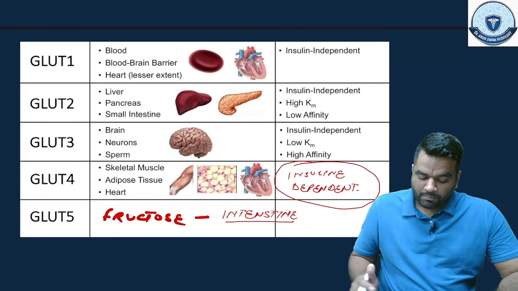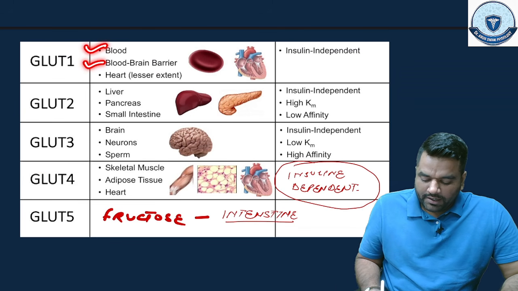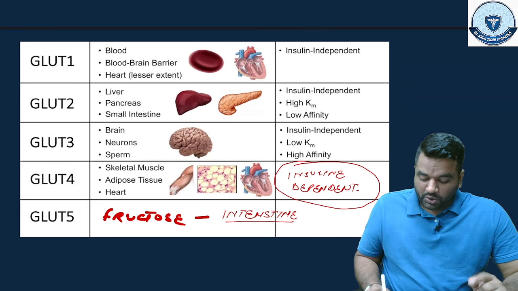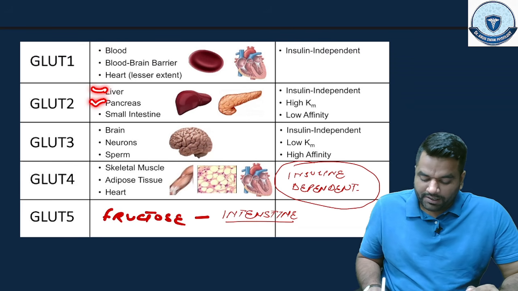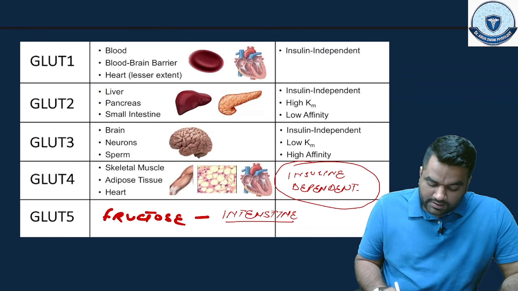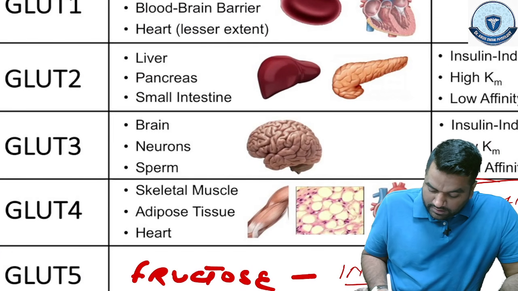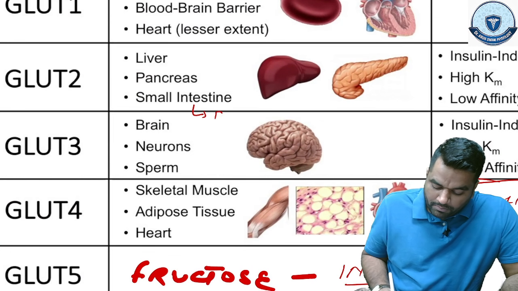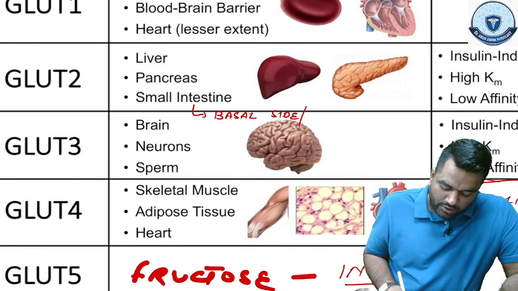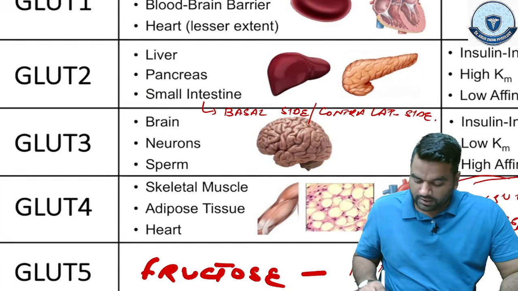So please pay attention. GLUT1 is present in the blood-brain barrier and in the heart. GLUT2 is in the liver, pancreatic beta cell and the small intestine. In the small intestine, please pay attention, this is at the basal side, or you can say the contralateral side, right?